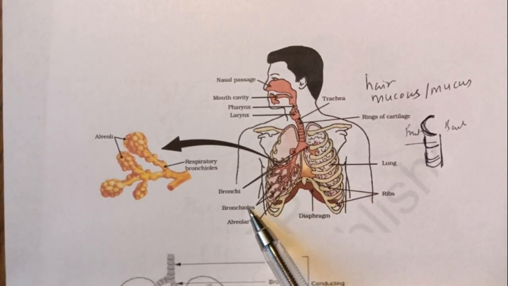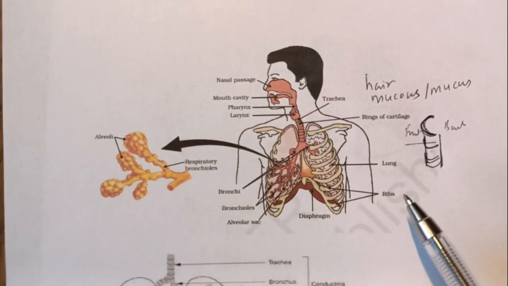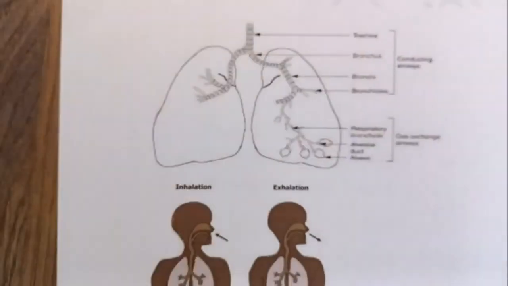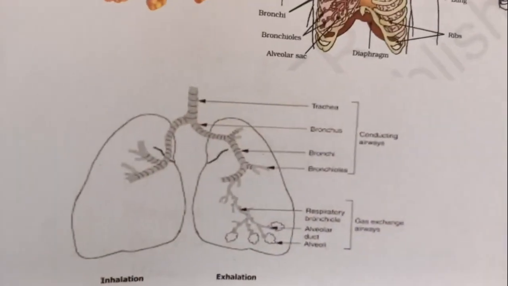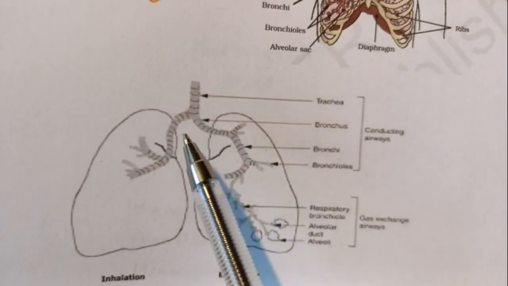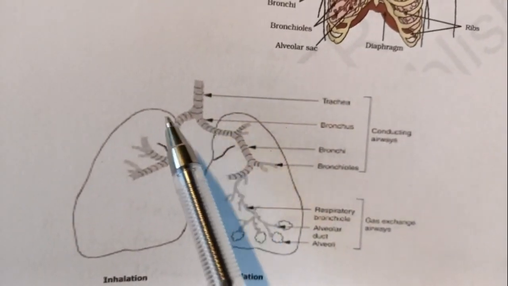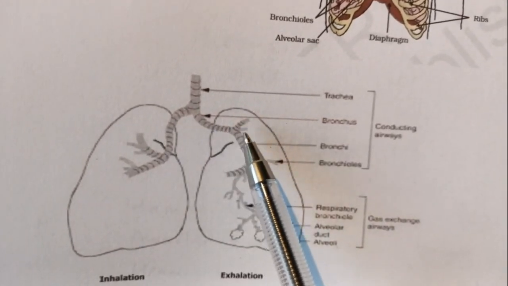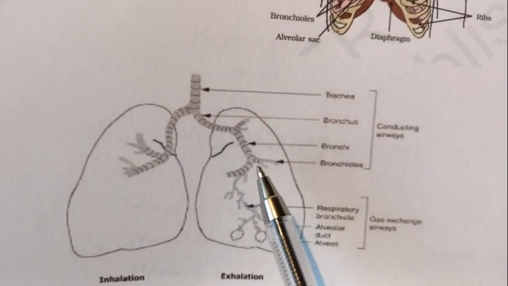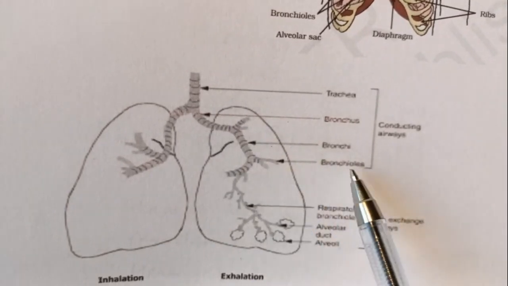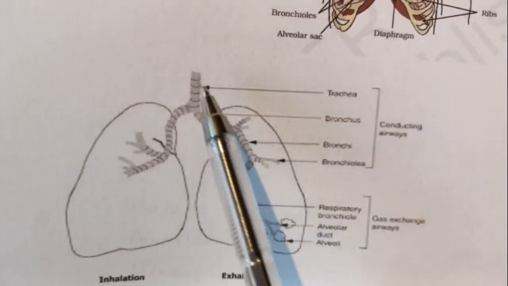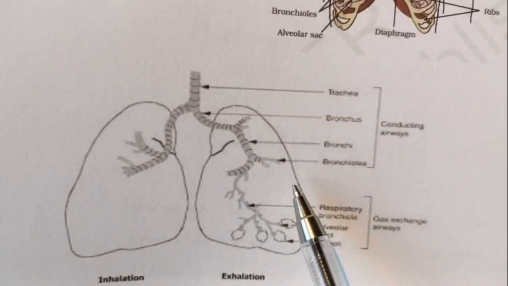Bronchioles then lead to respiratory bronchioles. I'll show you that in this diagram. So the trachea divides into two bronchi, the right and the left. The bronchi divide into further smaller bronchi and bronchioles. These are conducting airways. They conduct the air.